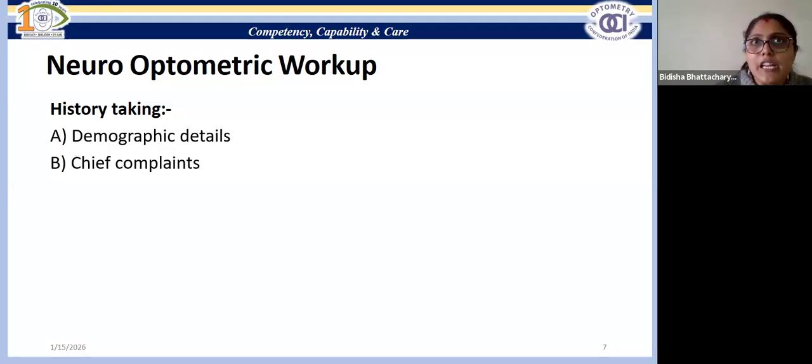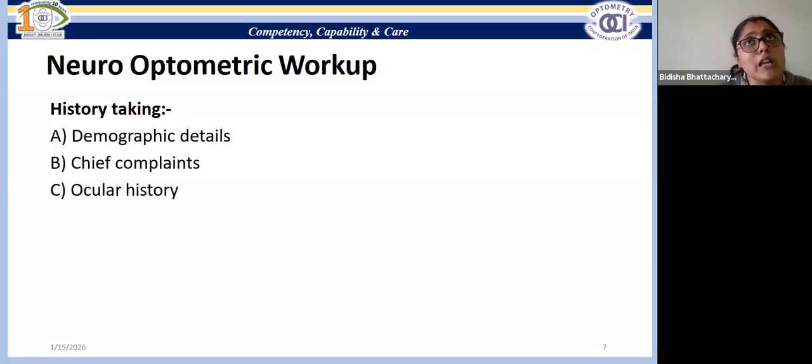If it is an eye related issue, a double vision related issue, or if the patient is a Parkinson patient, what motor or other visuomotor dysfunction they are having, the vestibular issues. Everything needs to be recorded when you are asking about their complaints.